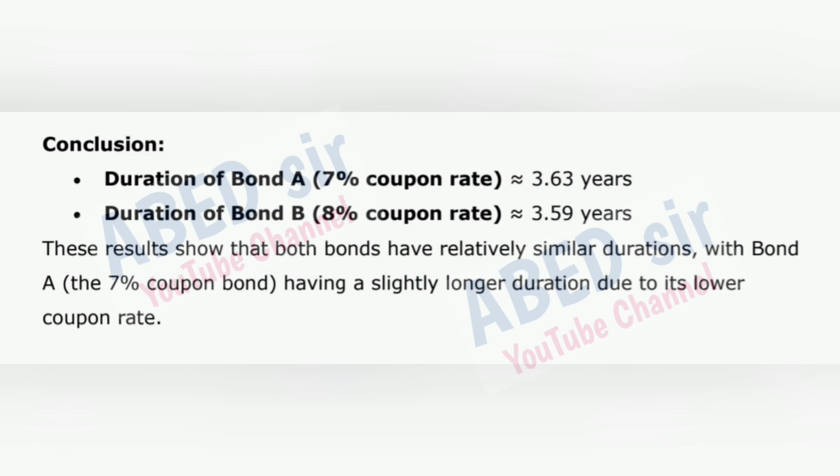Duration of bond B, 8% coupon rate, 3.59 years. These results show that both bonds have relatively similar durations, with bond A, the 7% coupon bond, having a slightly longer duration due to its lower coupon rate.